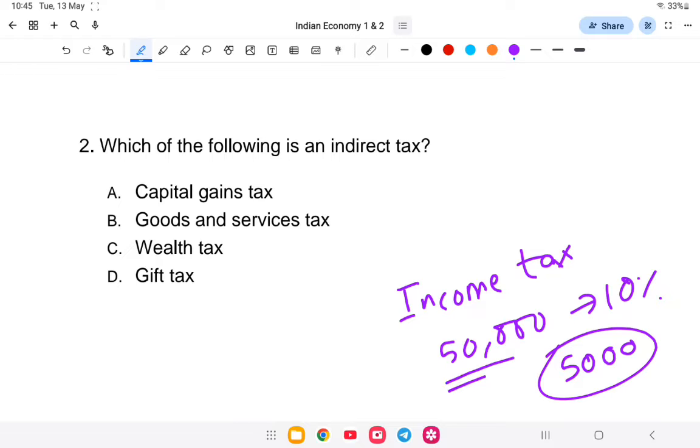So it is directly cut as income tax. These are called direct taxes. With an indirect tax, the tax takes effect without you noticing; it is only collected, but you will not be affected. So what is the answer? The answer is option number B, that is GST is an indirect tax.